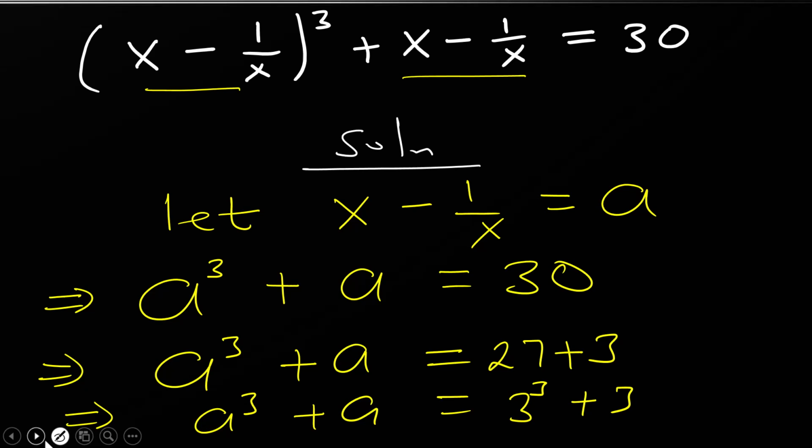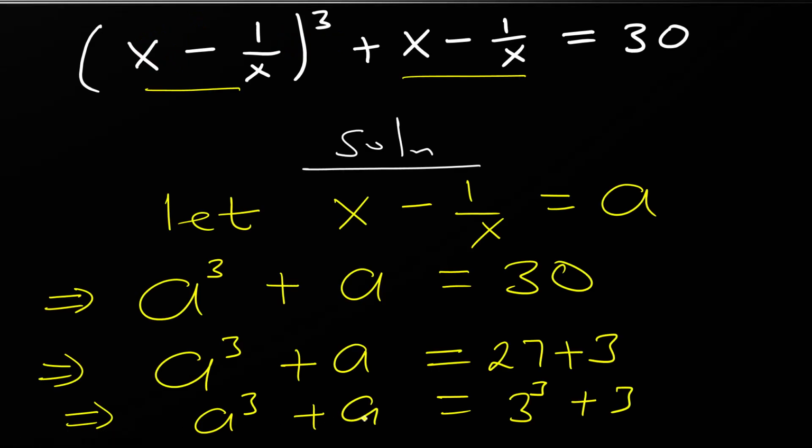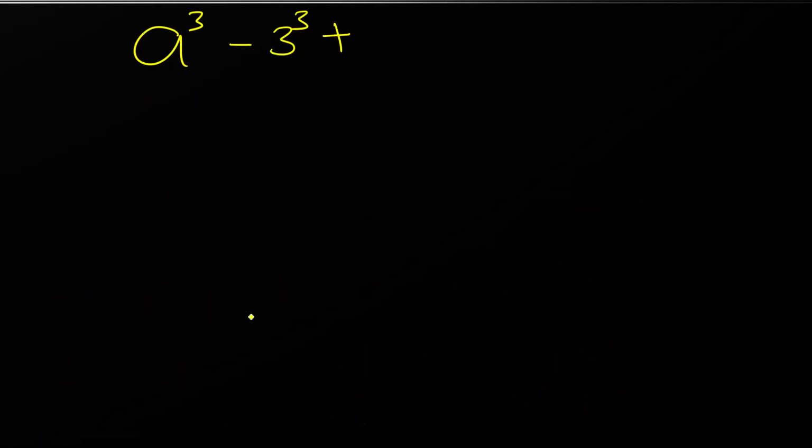So I have a cubed minus 3 to the power 3, plus a minus 3 equals 0.